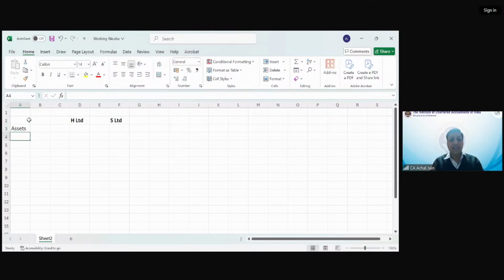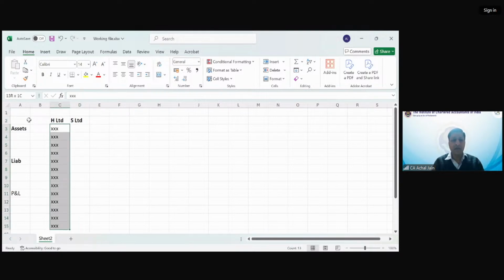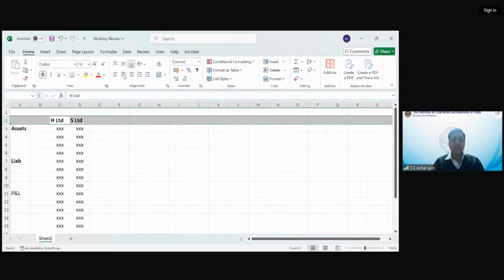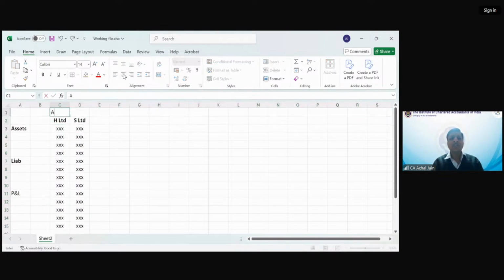So there are certain assets, there are certain liabilities, and there are various P&L items. And let's suppose some amounts are given to you for the two companies. It could be any asset, any liability. I'm not getting onto those assets or liabilities right now. Now, for these two companies, what do you do? You will just simply add that.